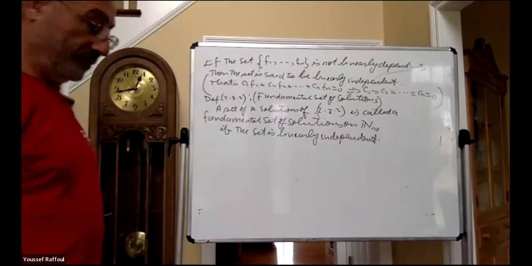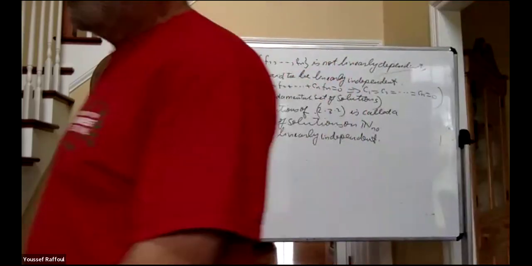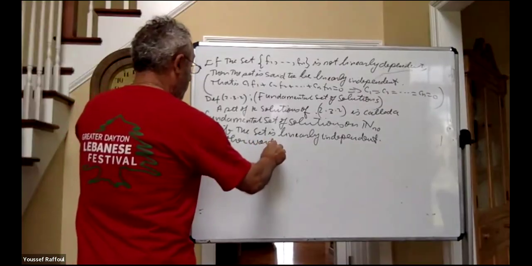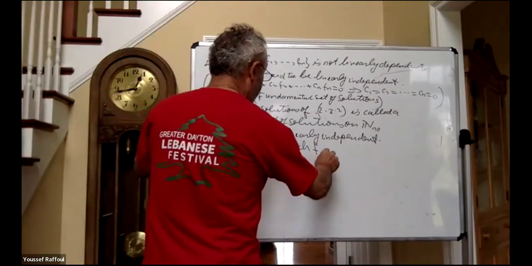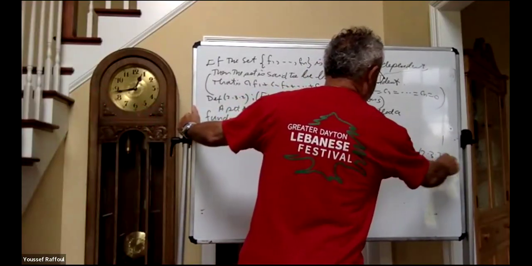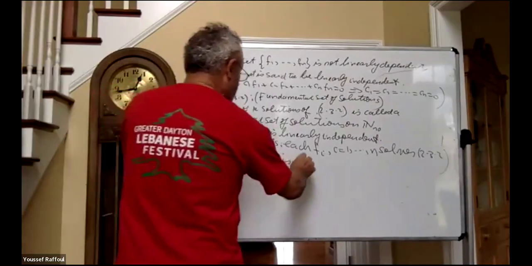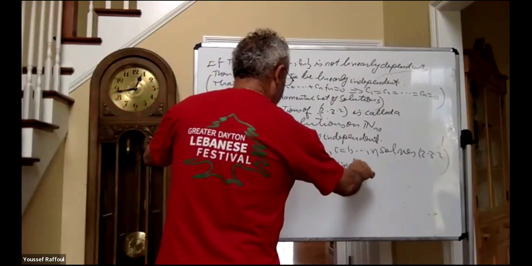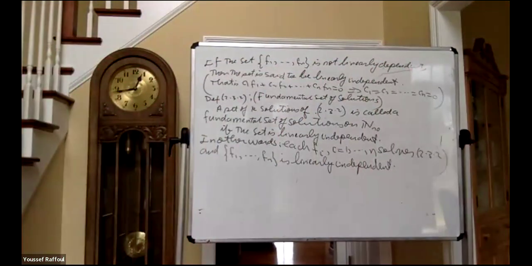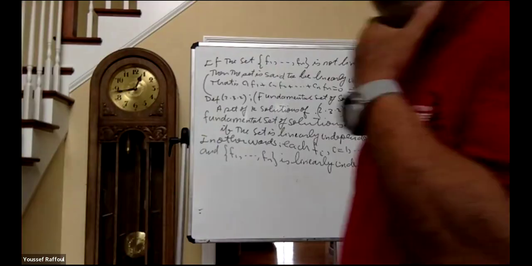Okay? In other words, each f_i, i equal to 1 all the way to n, solves 2.3.2, and f1 all the way to fn is linearly independent. Okay? All right?